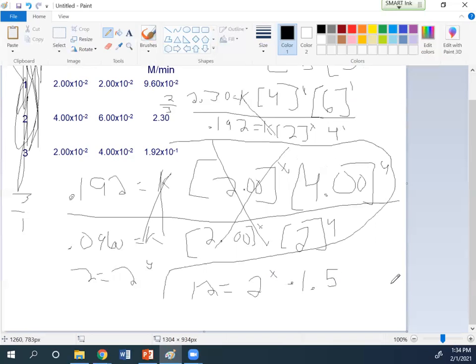Everybody with me on that? Why do you have to do the x power? Because 4x divided by 2x. 6 divided by 4. So now we have 8 equals 2 to the x power. Because 12 divided by 1.5 is 8.